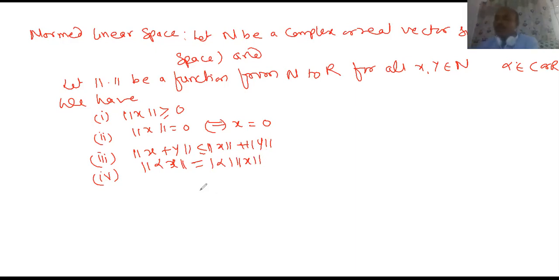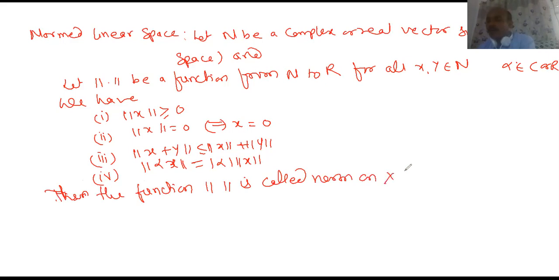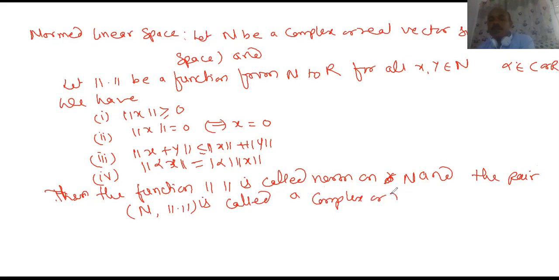Then the function is called a norm on N, and the pair N and this function is called a complex or real normed linear space.